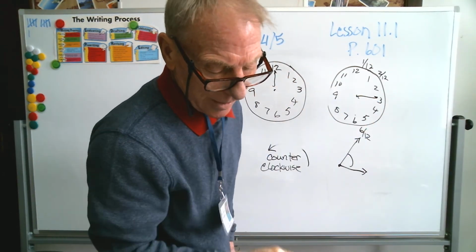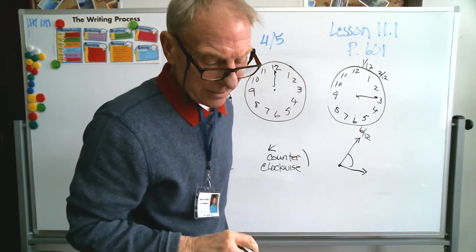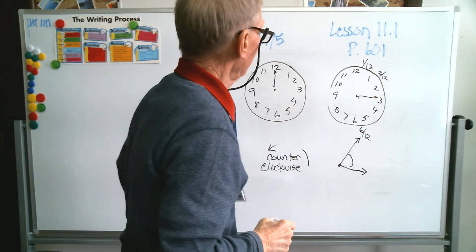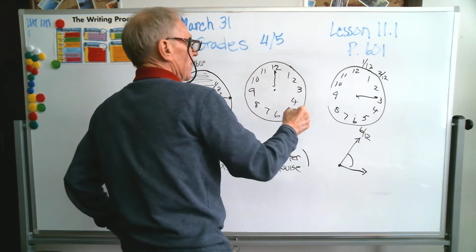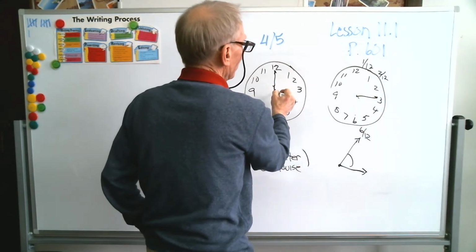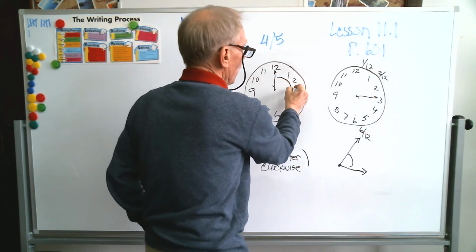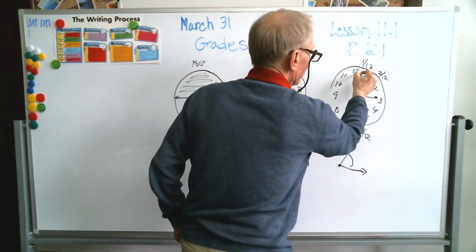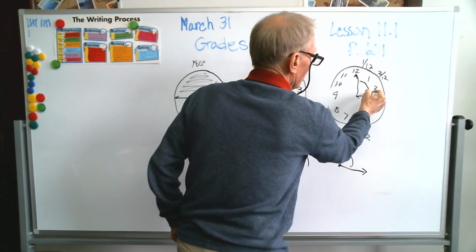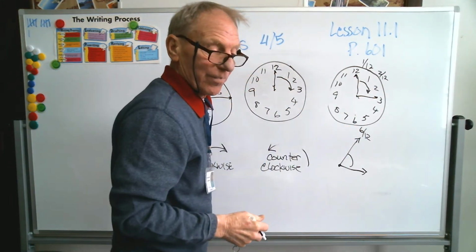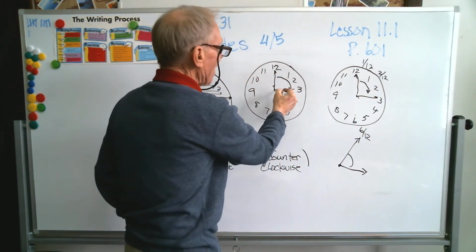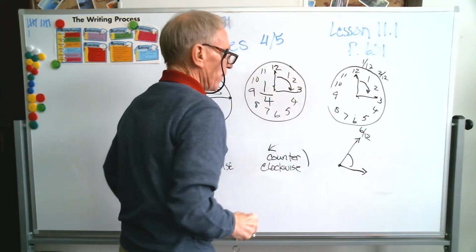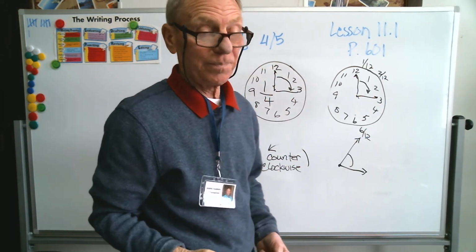And it's asking, Shelley exercised for 15 minutes. Describe the turn of the minute hand. So from here, we're going to go in a clockwise motion, and it's going to travel 1/4 of that circle.